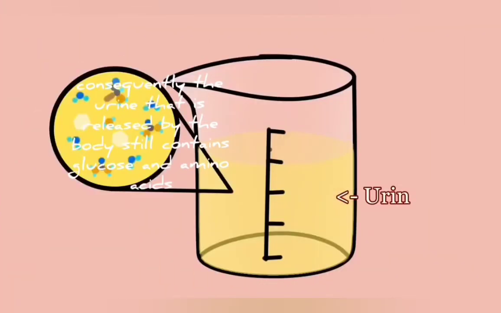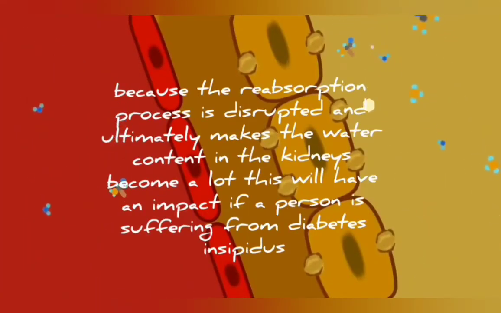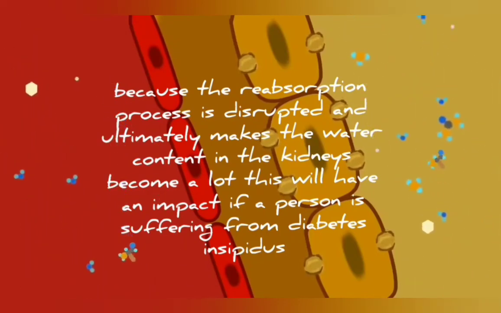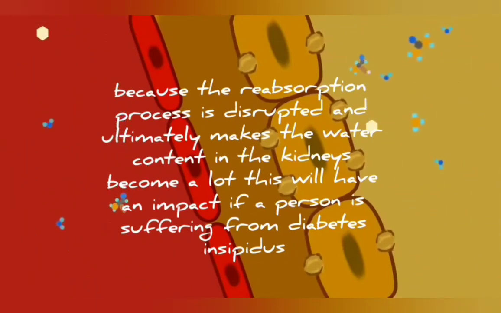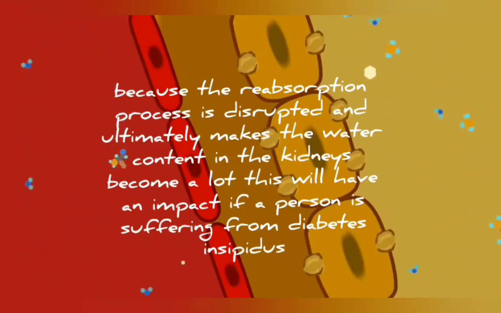Consequently, the urine released by the body still contains glucose and amino acids. Because the reabsorption process is disrupted, the water content in the kidney becomes a lot, which has an impact on a person suffering from diabetes insipidus.